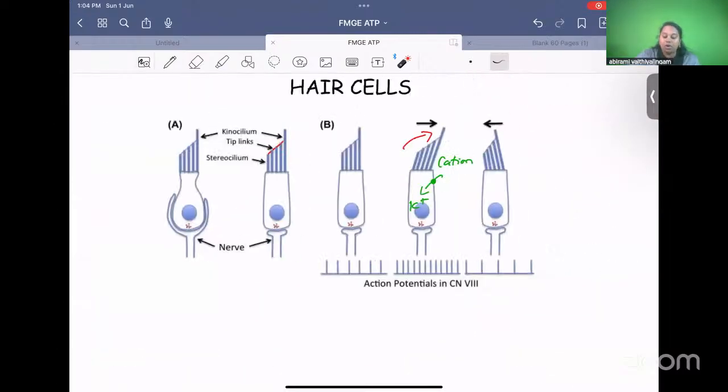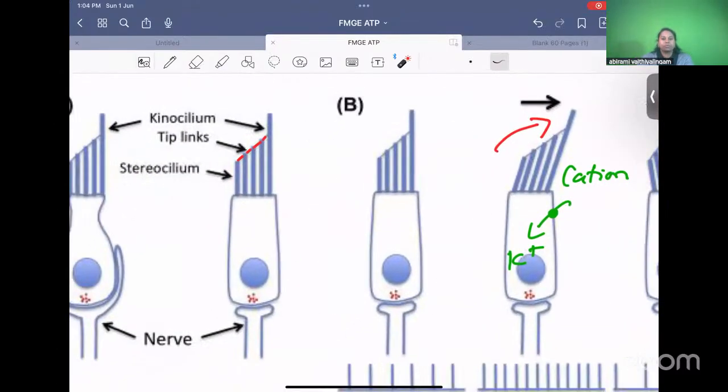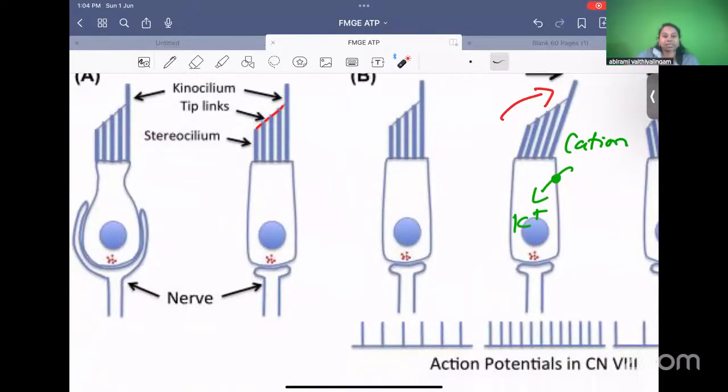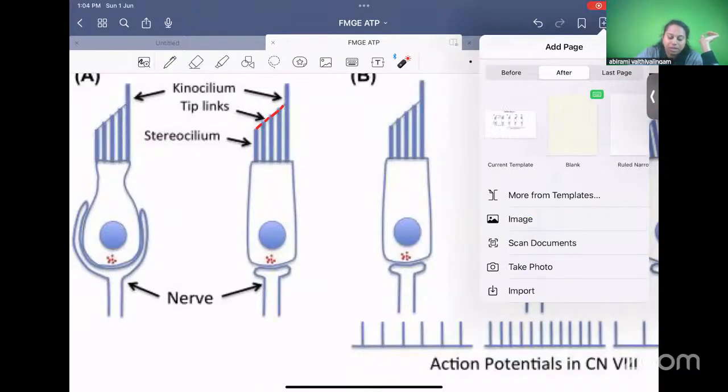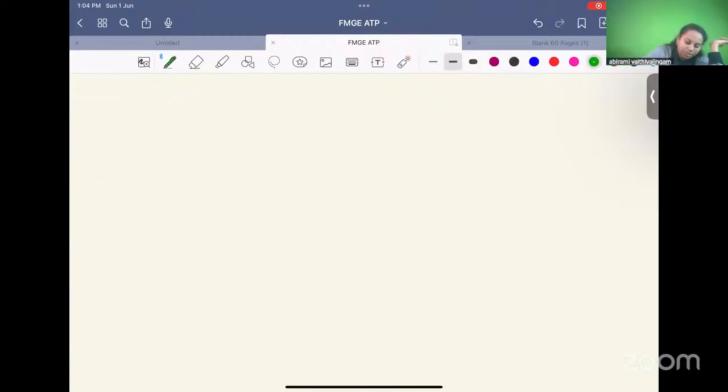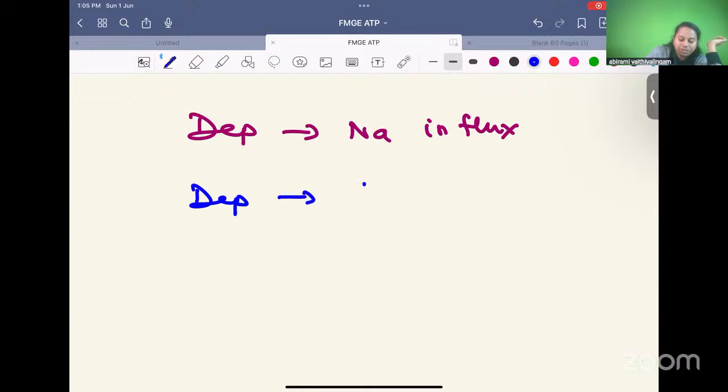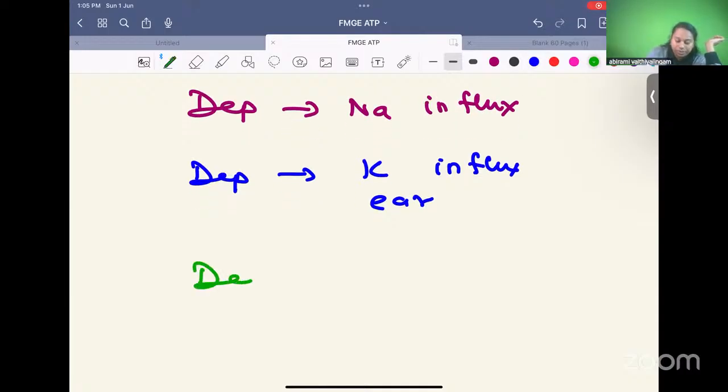And this is the only exception in the body where potassium influx is going to cause depolarization. Listen, everywhere else in the body, depolarizations are due to sodium influx. One exception where depolarization is due to potassium coming inside is in the ear. Another exception is where depolarization is due to calcium influx.